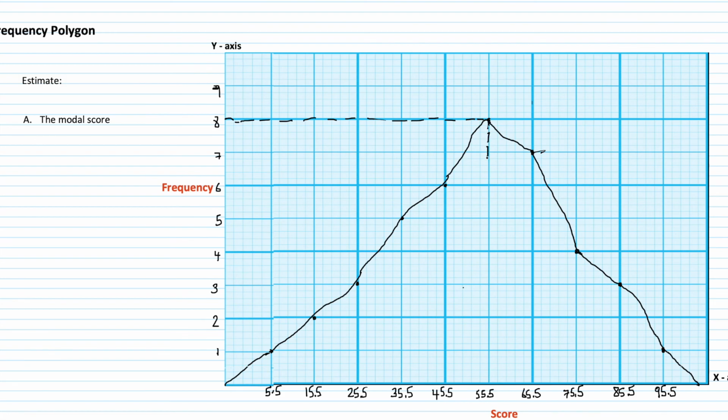Then we go straight down, and then we'll get our modal score. So our modal score would be 55.5.